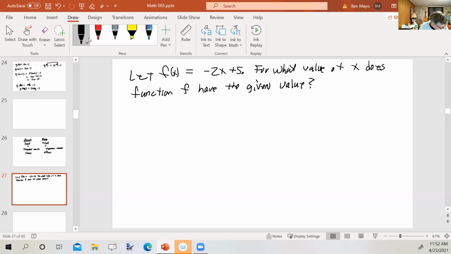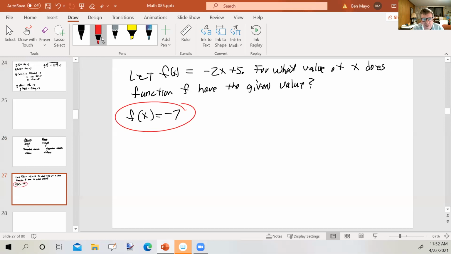All right, so for instance, we've got f of x equals negative 7. So let f of x equal negative 2x plus 5. For what value of x does function f have the given value? So now, instead of putting an input in to determine the output, they've told us that the output, don't forget f of x is another name for y, is negative 7. So what value of x do we put in to get a negative 7 out?